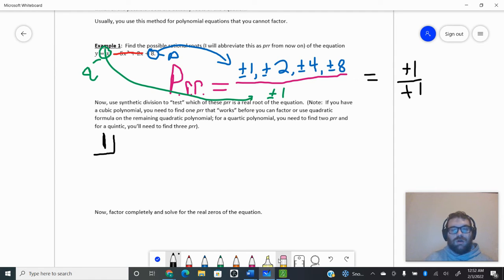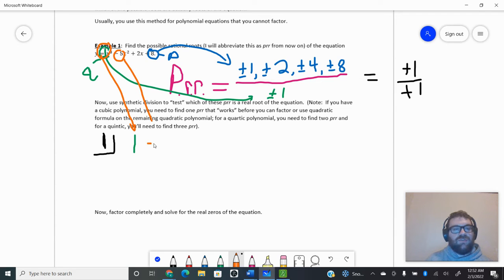So what was our polynomial? Well, we had 1x to the third. So remember synthetic division, we just take the coefficients. So 1x to the third, maybe I'll put it in orange here, minus 5.